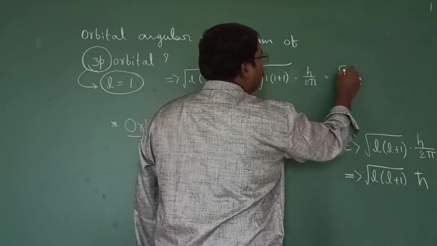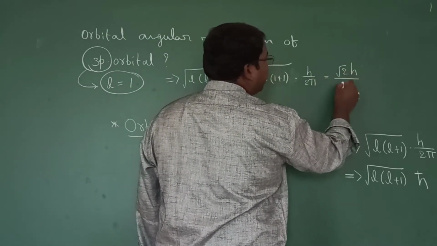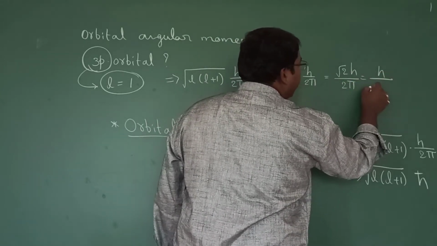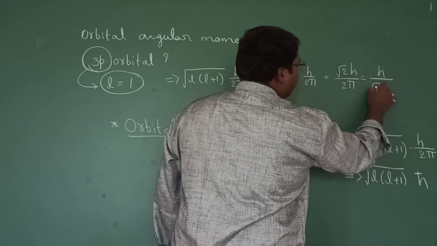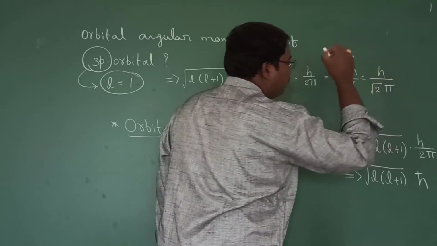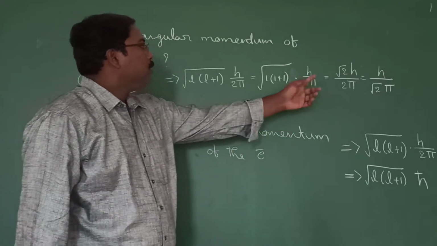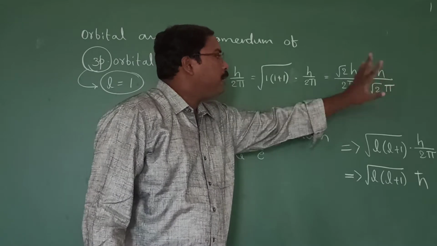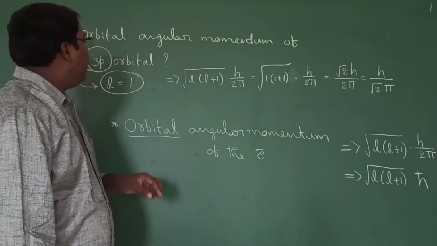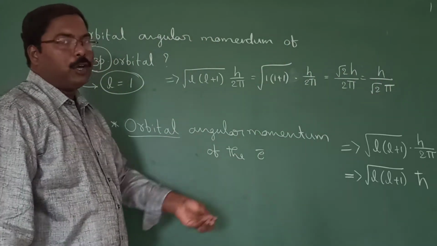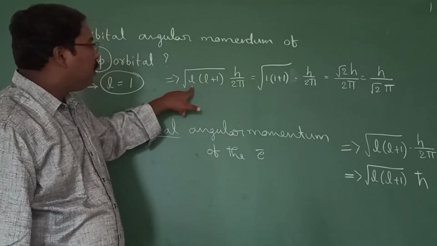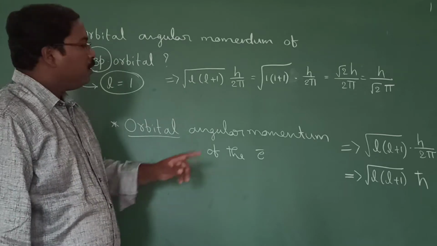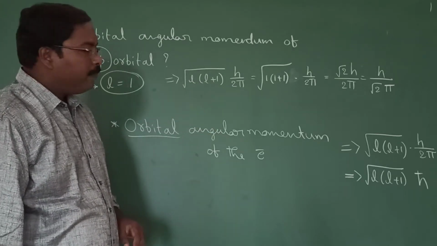So it will be root 2 into h by 2 pi. It can be written as h by root 2 pi, because the root 2 in the numerator cancels with the 2 in the denominator, root 2 times. Okay? If they give an s orbital, any s orbital, the L value is 0. Then the orbital angular momentum value will be 0. Okay?